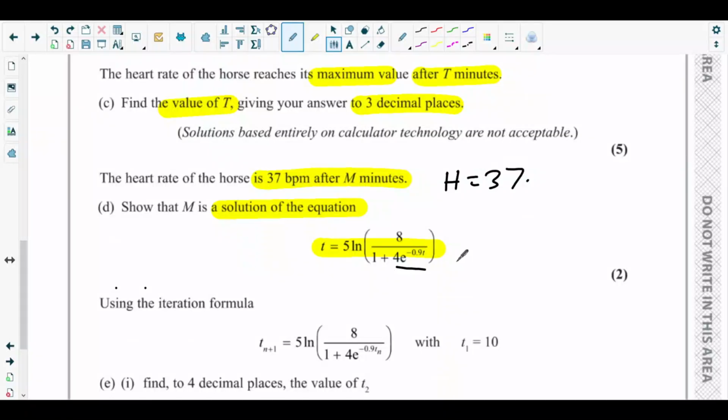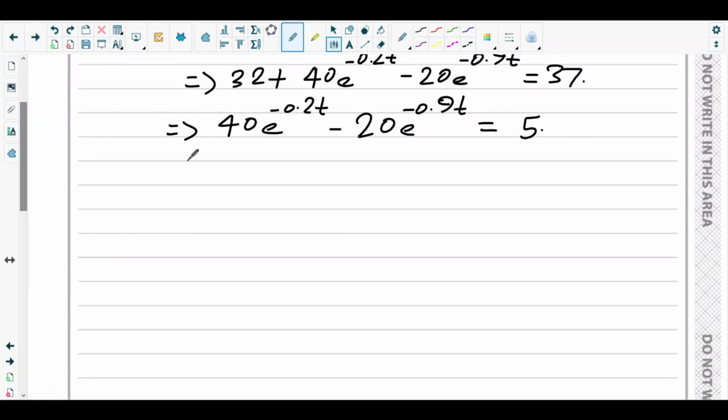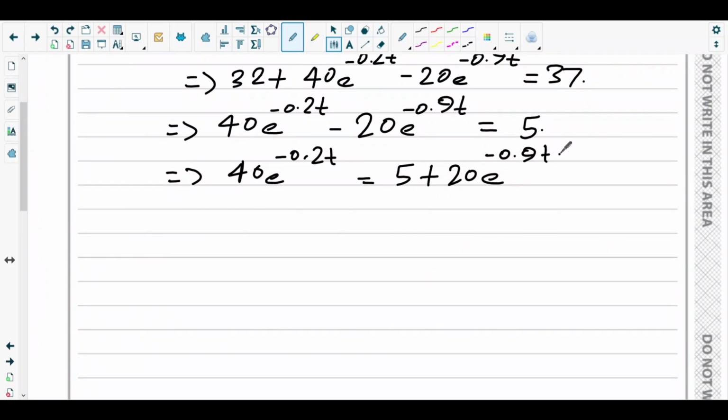Accordingly, we will take the term with e^(-0.9t) to the right side. So you will get 40 e^(-0.2t) equals 5 plus 20 e^(-0.9t).